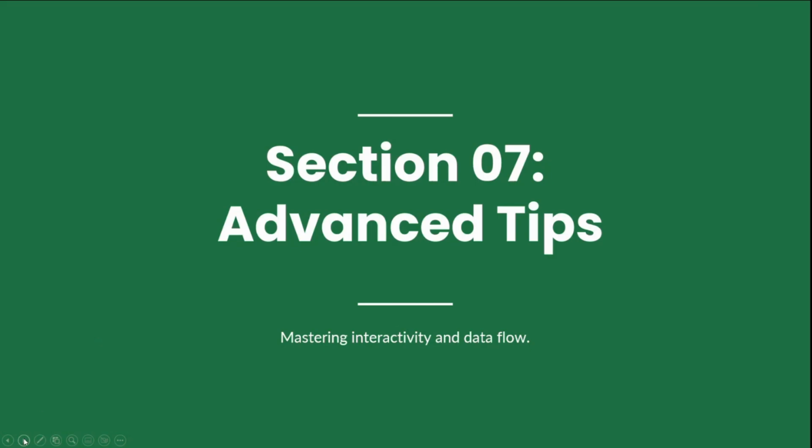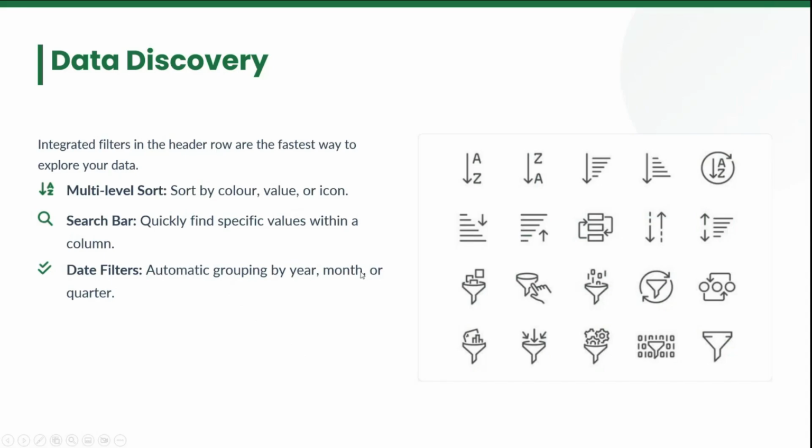Okay, so for the final one, some advanced tips. This is another for data discovery. There are integrated filters. I think we've looked at filters, but there are many more filters, guys, within data that you can play around with. For example, if you shaded everything that's a laptop yellow, you can filter by color.